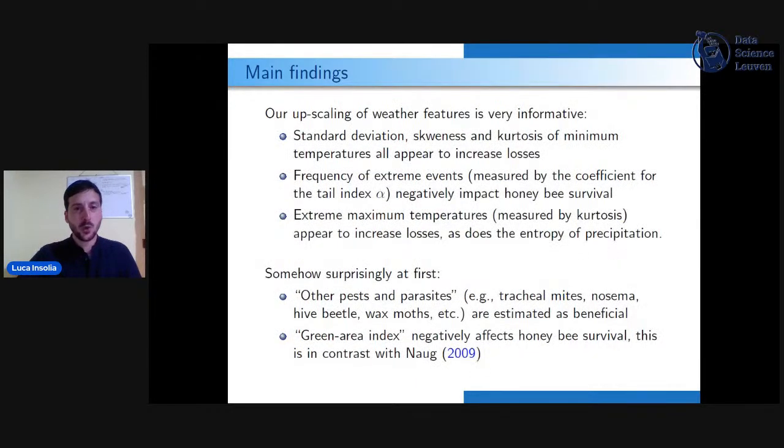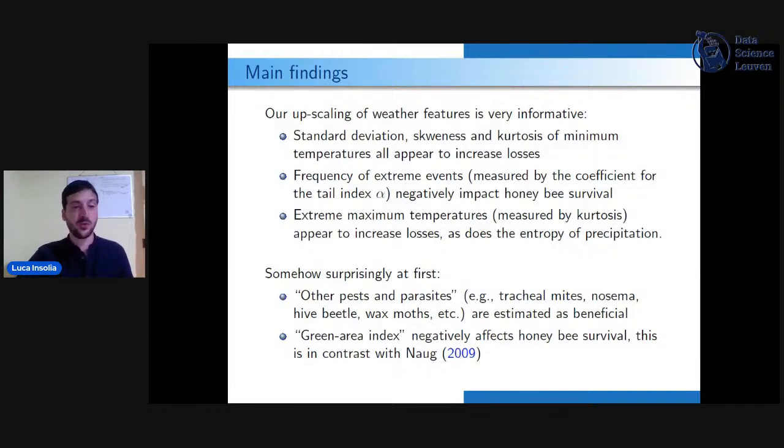And we also found some evidence that our weather indexes can be harmful for honeybees. In particular, we found that some statistics of minimum temperature, such as the standard deviation, which is a well-known measure of variability, skewness, which captures the non-centrality of the distribution, and the kurtosis, which measures the heaviness of tails, so how likely it is to observe something extreme.